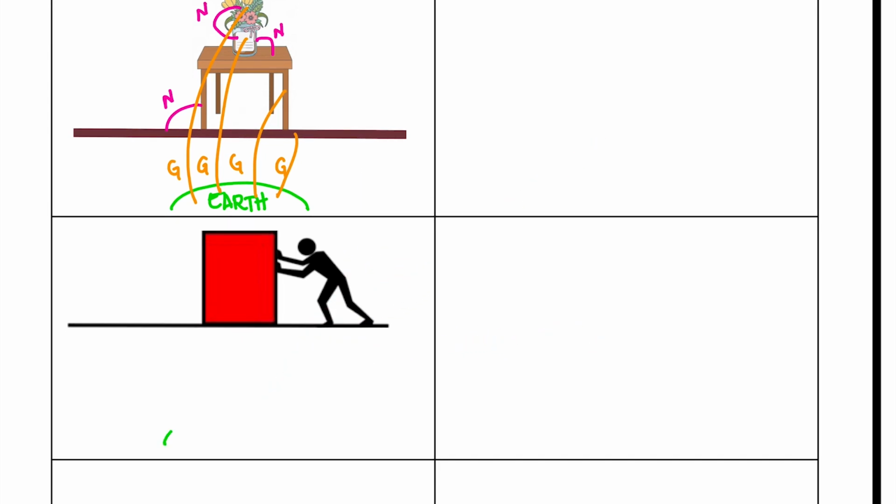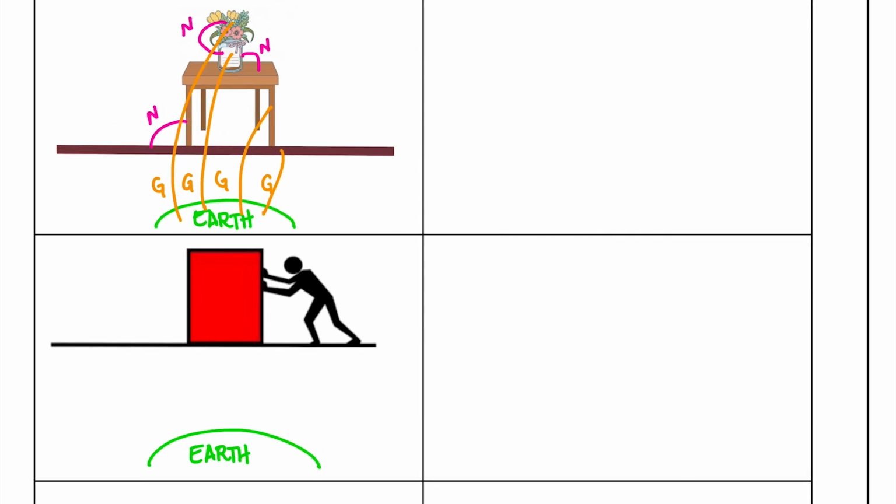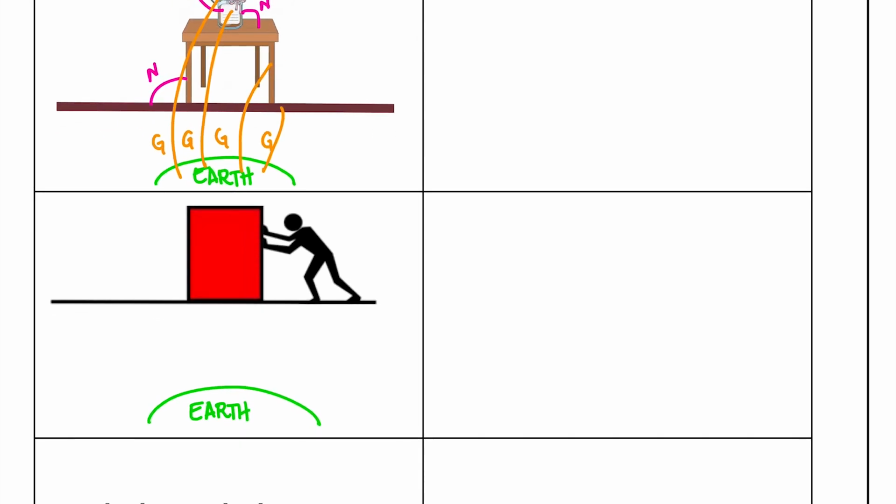So first things first, we need to draw our earth. We've got our box that is on the floor, because it's not floating, and it is also pushing down on the floor.